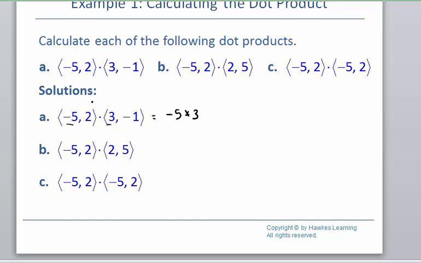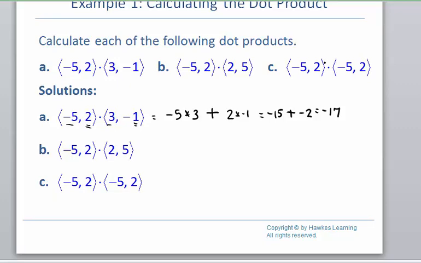And then we're going to do our second two components, so that would be the 2 and the -1, and we're going to multiply those together. And when we get the multiplications done, we're going to add. So -5 times 3 is going to give me -15. And we're going to be adding that to 2 times -1, which would be -2. And so we're going to end up with a dot product of -17.